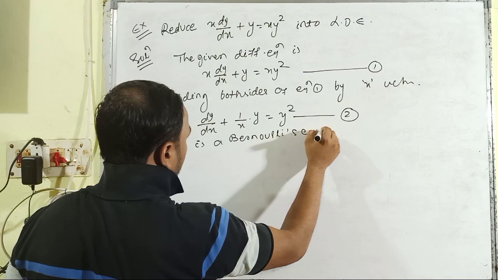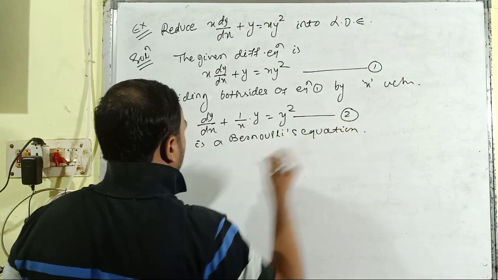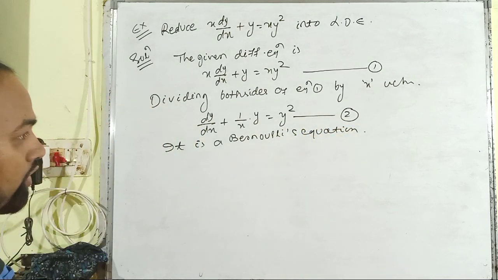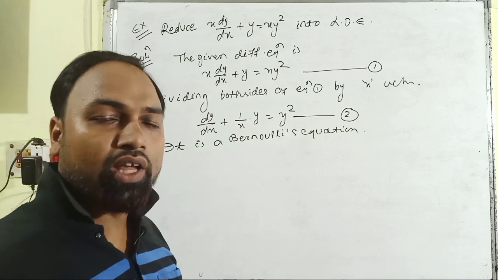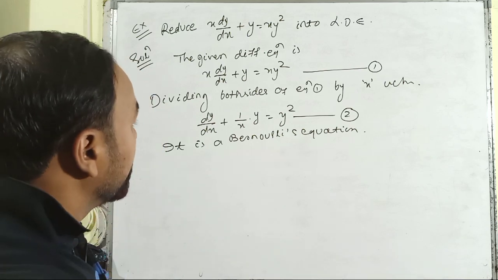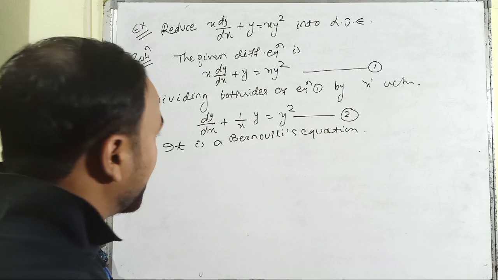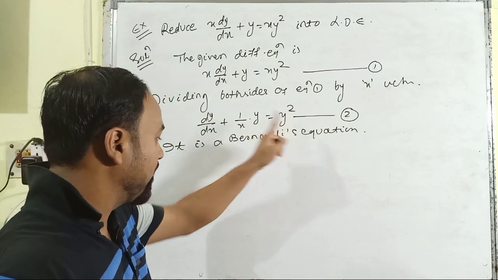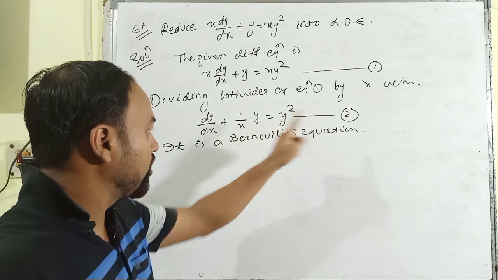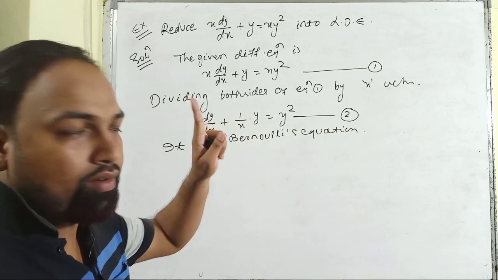Then we have to go through the procedure that we apply for the Bernoulli equation to reduce it into the form of a linear differential equation. We have to divide both sides of equation 2 by y square.